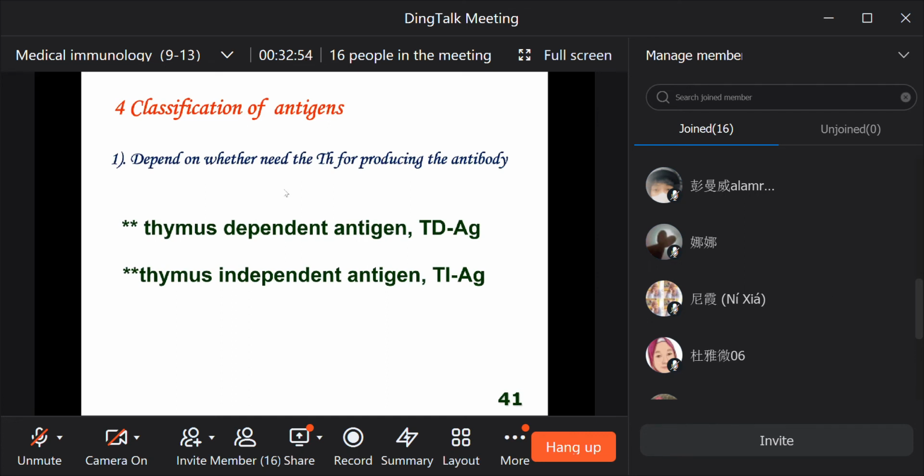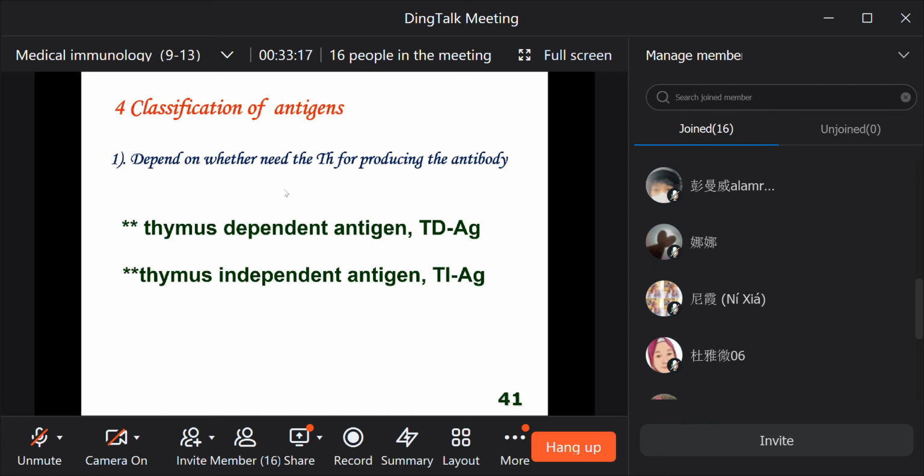Okay, we are going to talk about another part, the classification of the antigens. From different aspects, we can have different classifications of the antigens.